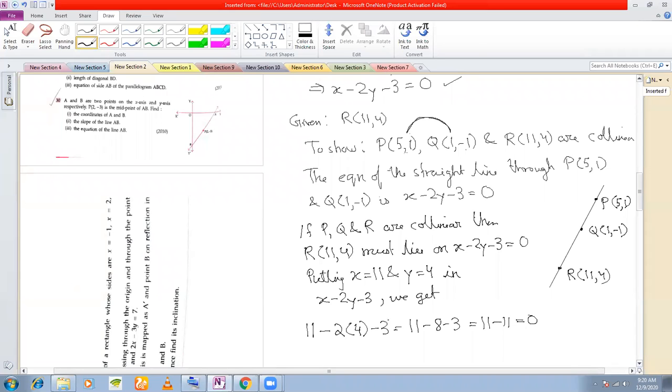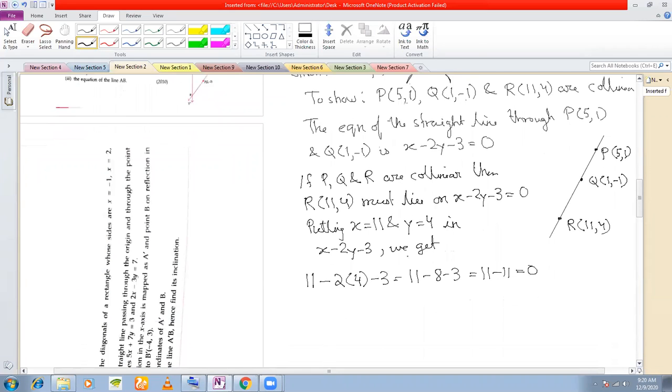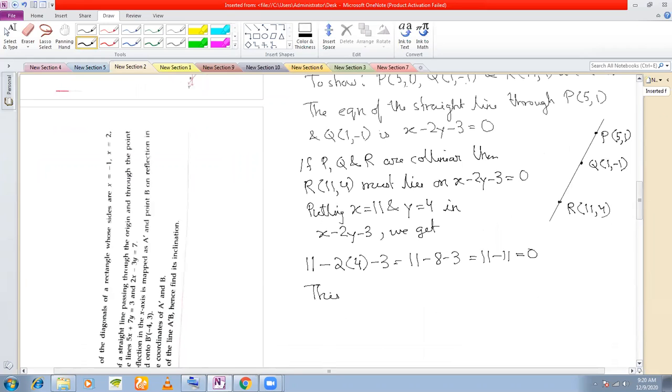So we're getting 0. This shows that R (11, 4) satisfies x minus 2y minus 3 is equal to 0.